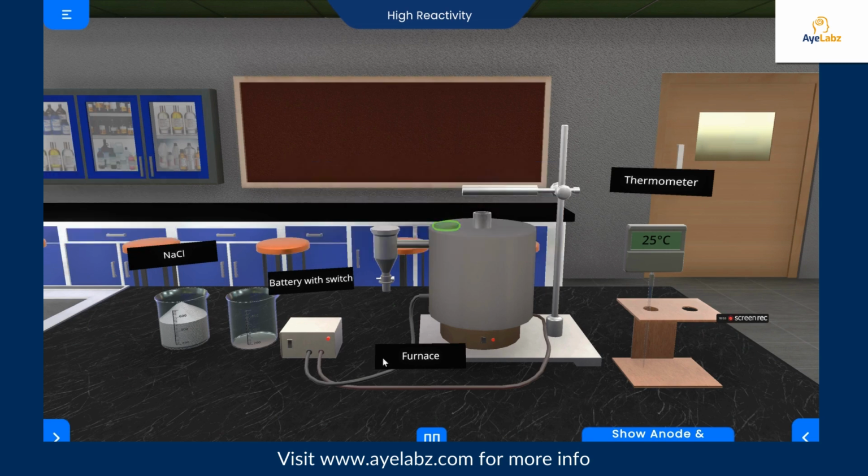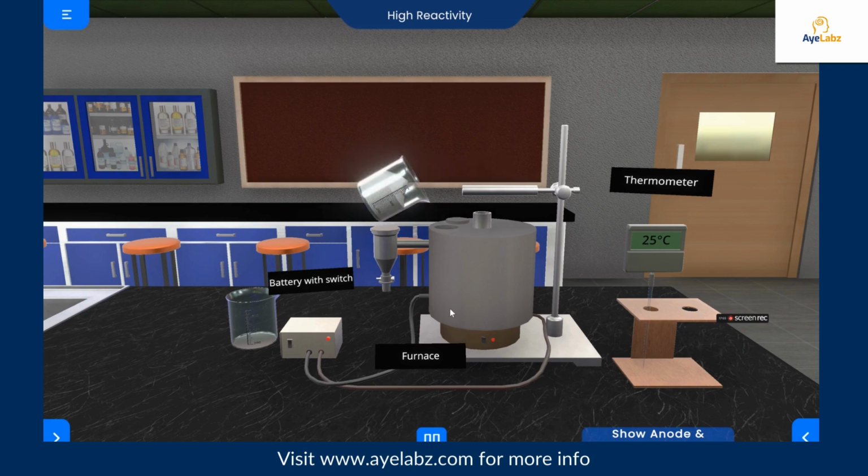So the furnace setup is given over here, and I'm adding sodium chloride to the furnace to get that melted. Let me close this furnace and switch it on.